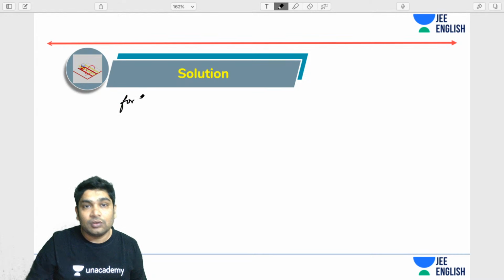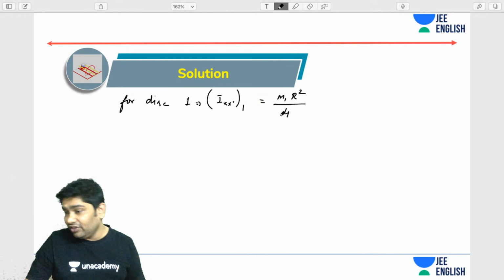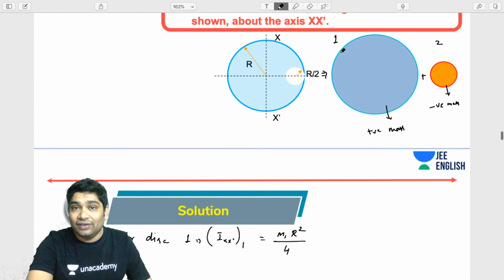For disk 1, this is very easy. I know Ixx dash, let's write 1 with it so we know we are talking about disk number 1, would be M1 R square over 4, where M1 is the mass of this.